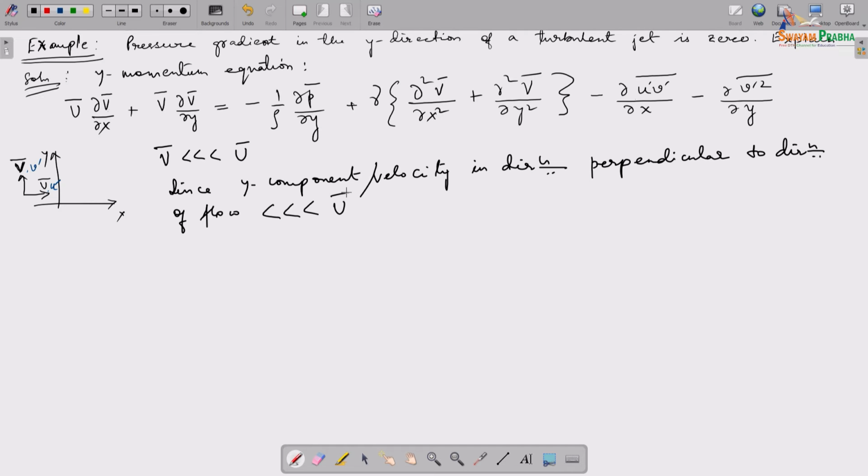Right. So because of that, what can we say? So this means this is 0. Okay. The derivatives in x and y directions, because the velocity component itself is very small, are almost negligible.